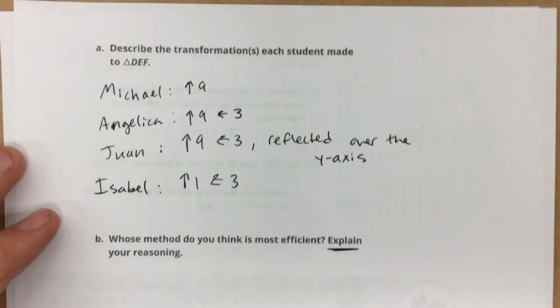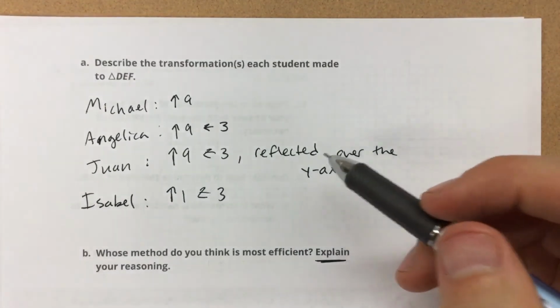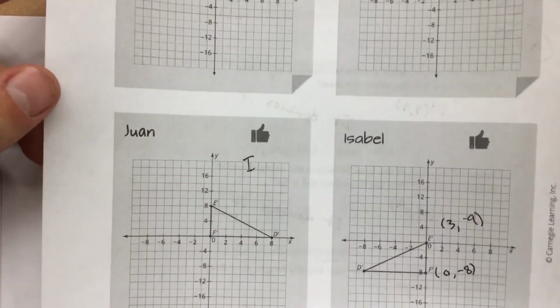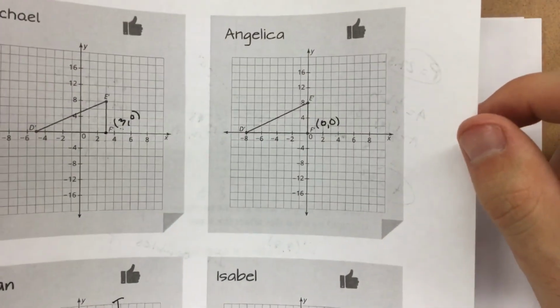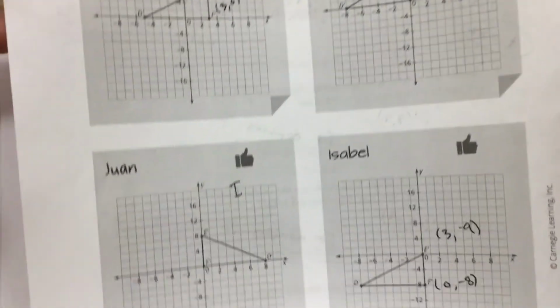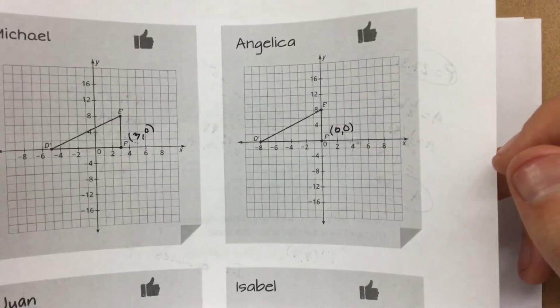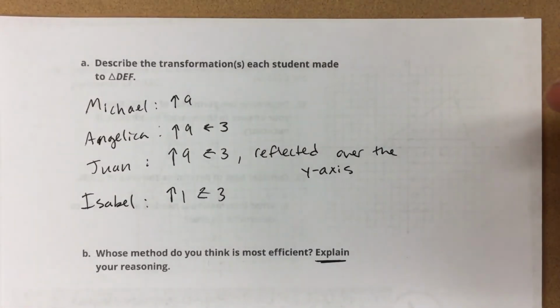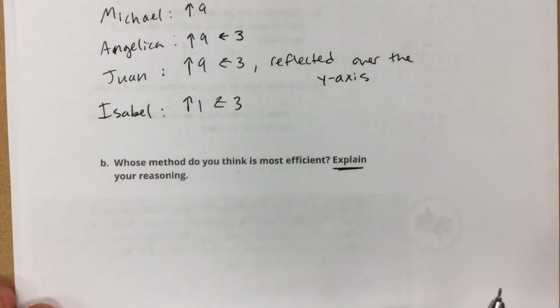Well, what about reflections? Do reflections change size? Here's Angelica's triangle, here's Juan's triangle. We said that was a reflection, and they look pretty similar in size to me. To save us some time, because I am already over my time, I'm not going to calculate that out, but I can guarantee you that those are both the same area and perimeter.